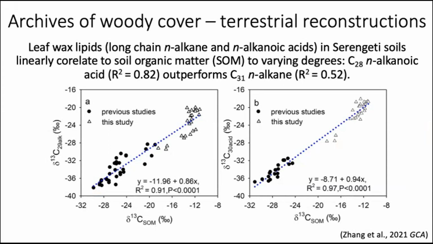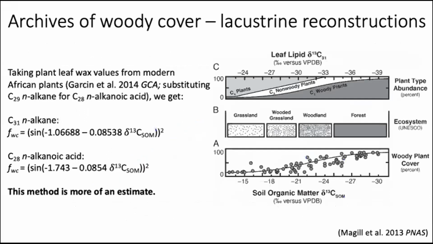So we can also calculate what leaf waxes would be in soil organic matter space, and then plug this into the woody cover model. The problem is various kinds of leaf waxes perform differently relative to soil organic matter. Some, like C28 n-alkanoic acid, have an R squared of 0.82, but C31 n-alkane does not perform very well. It's only about 0.52, so there's variation in how this works.